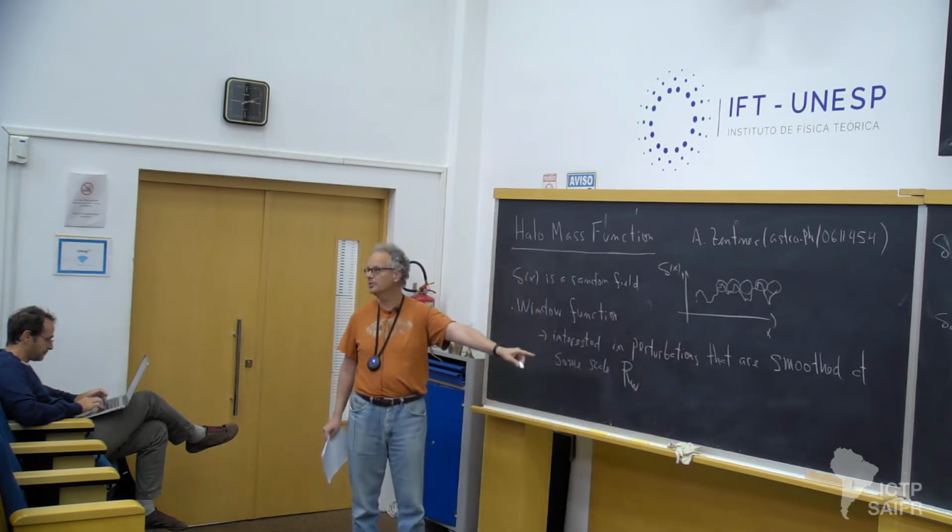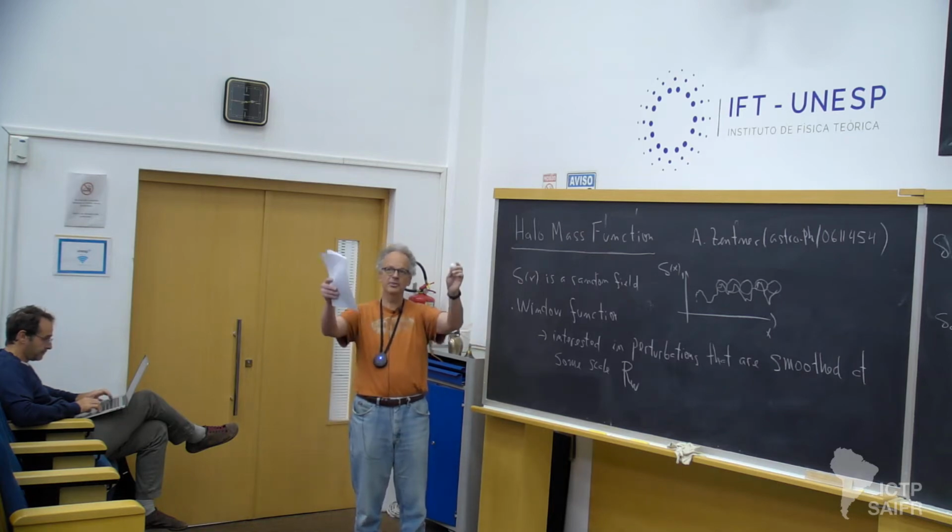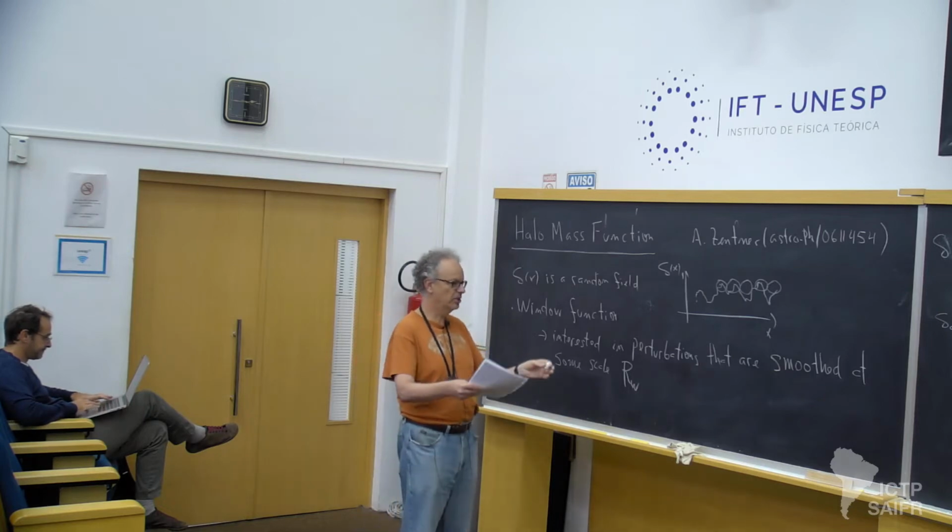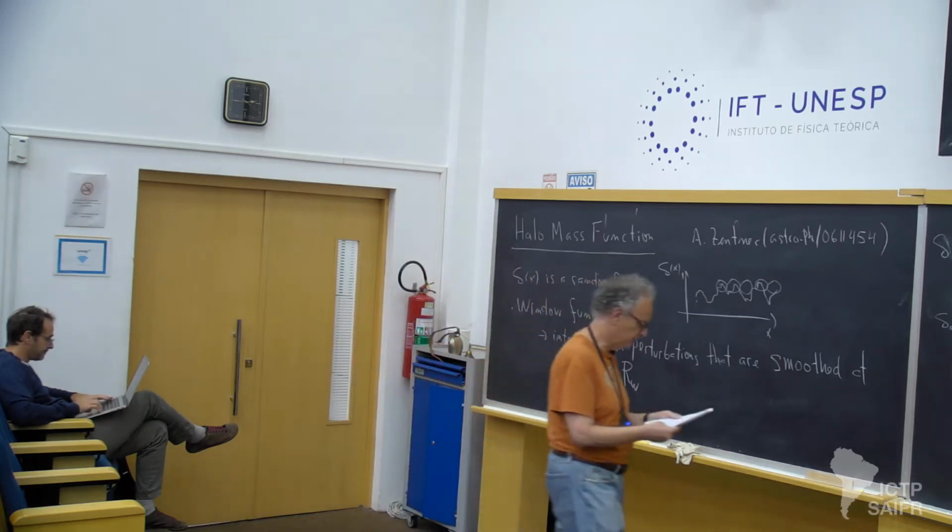W is for window. I will define what a window function is, a function that tells you the geometry with which I'm observing things.